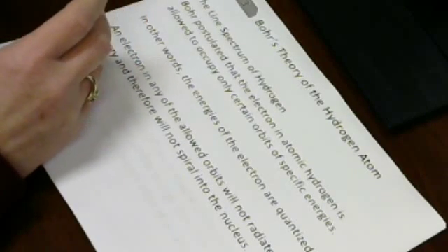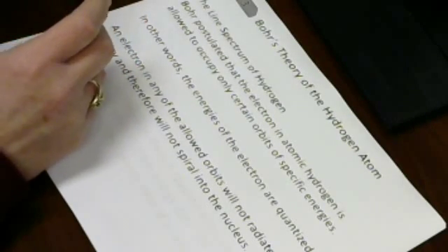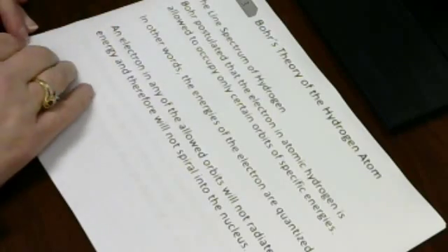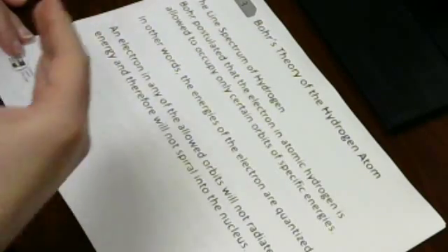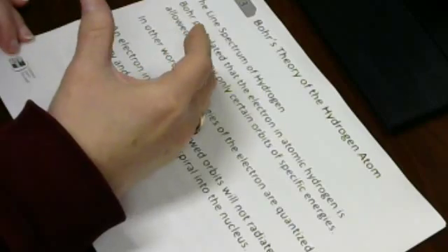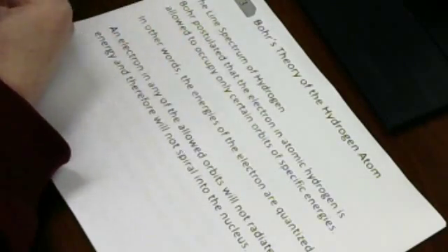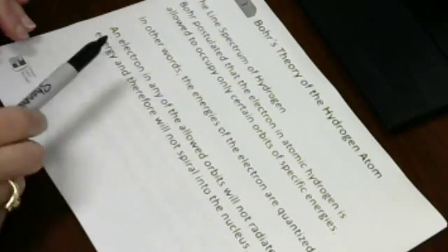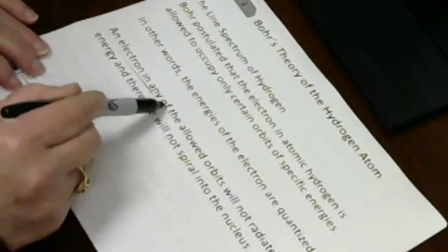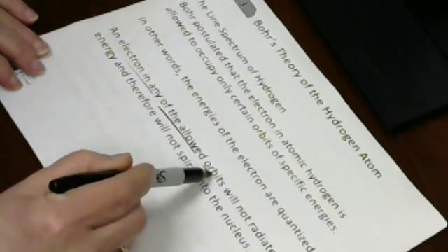But then Bohr, Niels Bohr, said that hydrogen is allowed to occupy only certain orbits because they had certain energies, and so they couldn't do that. So these electrons had a fixed amount of energy, and so they couldn't just spiral down in. These electrons would not be allowed in just any old orbit.